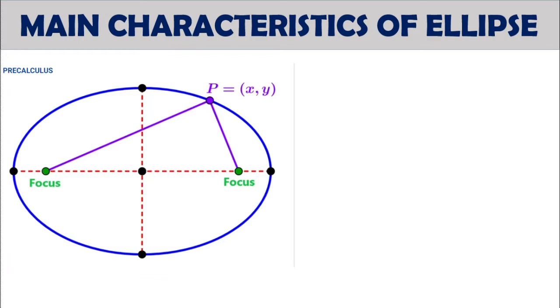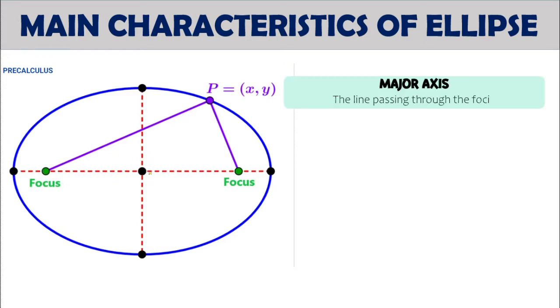So here naman are the main characteristics of ellipse. So this is the diagram earlier na diniscuss ko. So first is the major axis. So makikita natin nun, may dalawang dotted red lines there.